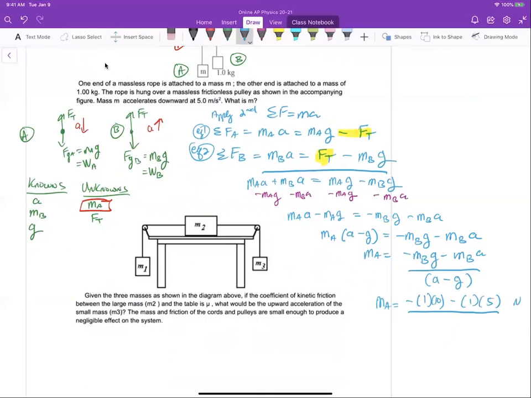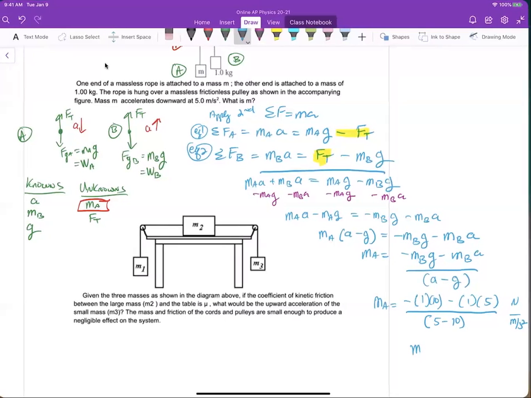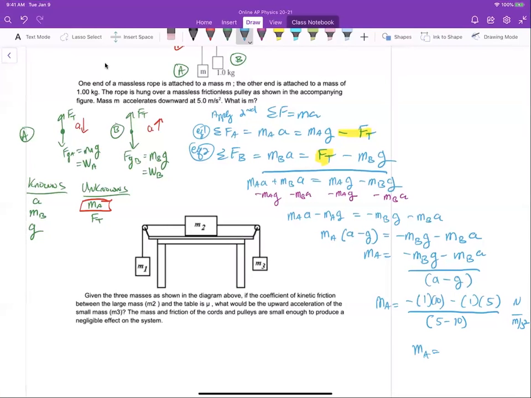Divided by the 5 minus 10, that's a negative, good. And that's going to be divided by meters per second squared. Newtons divided by meters per second squared gives me an answer in kilograms. That's perfect. Mass of A is found to be 3 kilograms.